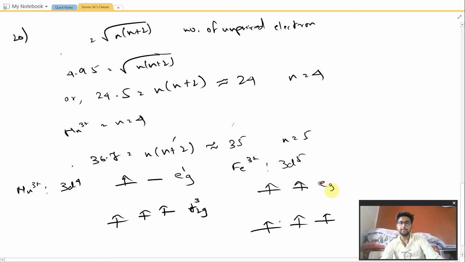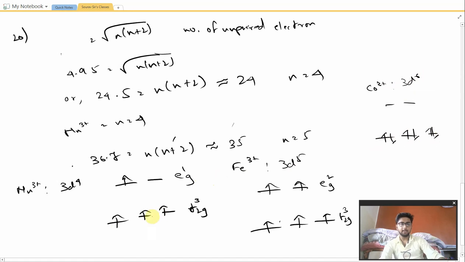So here we have Eg2 and T2G3. In a similar way, for cobalt 3 plus, the magnetic moment is 0.0 Bohr magneton, that is all of the electrons are paired up, there is no unpaired electron left. Co3 plus obviously has the D6 configuration, and electrons being paired up, we have a low spin complex.